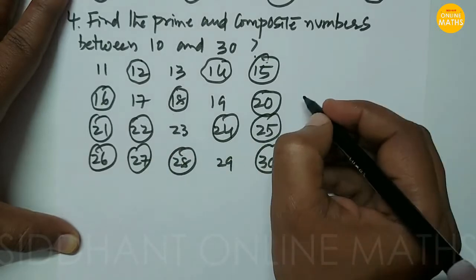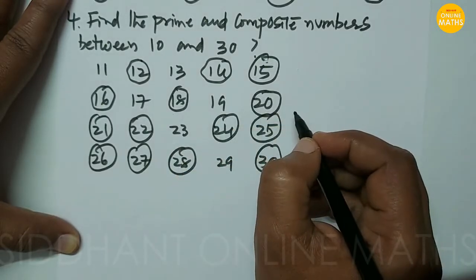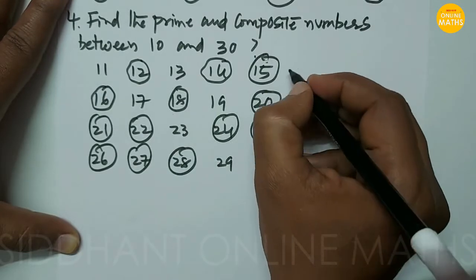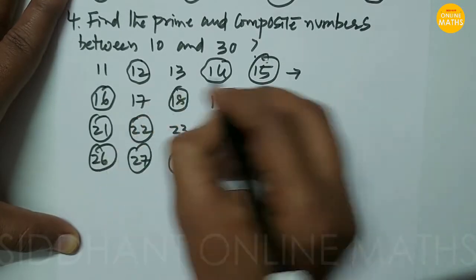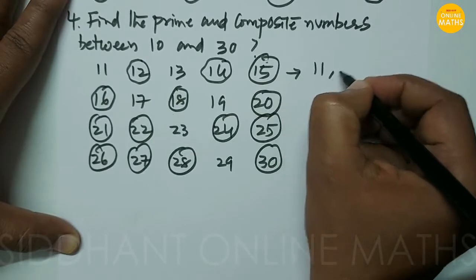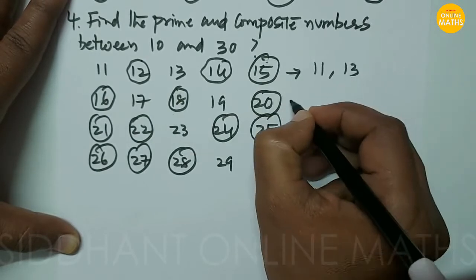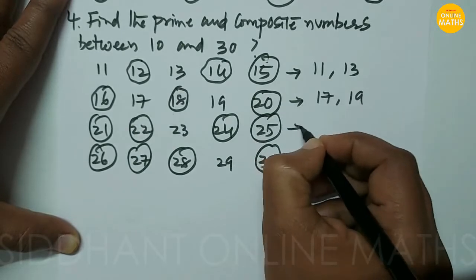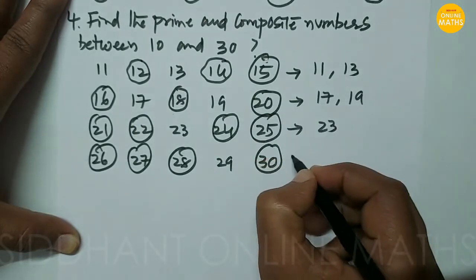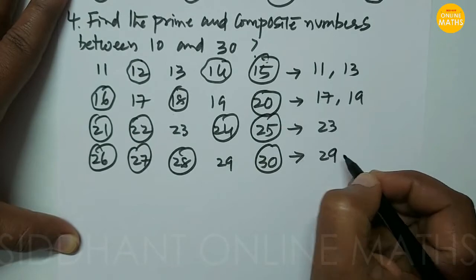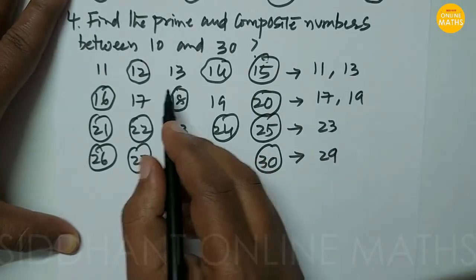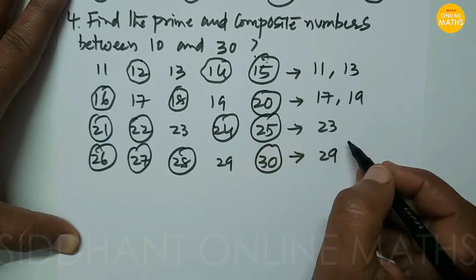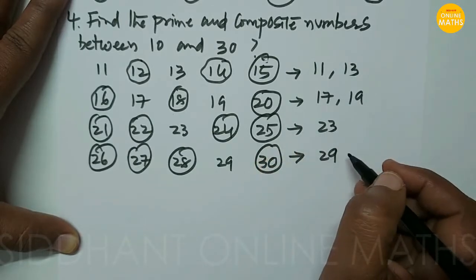So we have taken all the single digit multiples here, and after that we just separate the prime numbers. So the prime numbers here are 11 and 13, then 17 and 19, then 23, and 29. So the numbers which are circled are the composite numbers, and these are the prime numbers.